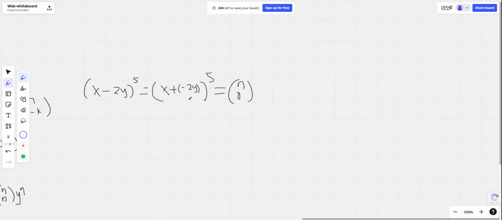If n choose 0 ways of picking 0 negative 2 y's, or picking the remaining 5 x's, where n is 5 here. And then 5 choose 1 ways of picking 1 of the negative 2 y's, or picking 5 minus 1, or 4 of the remaining x's.